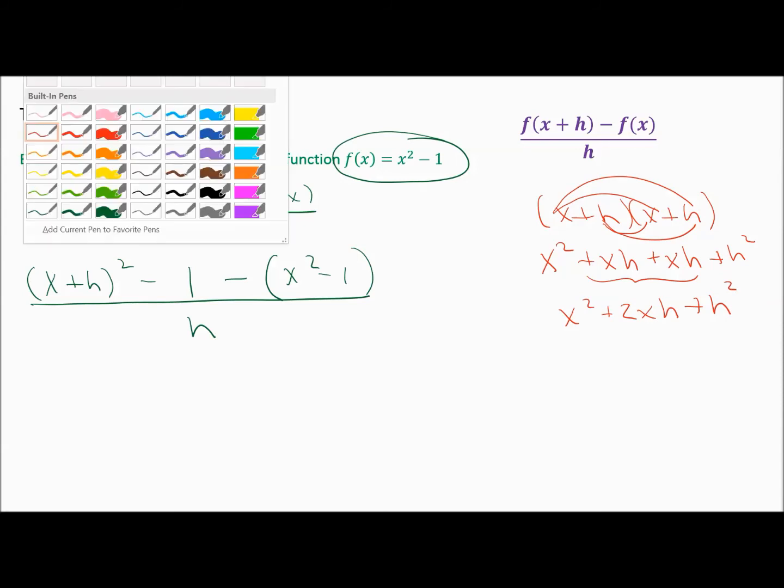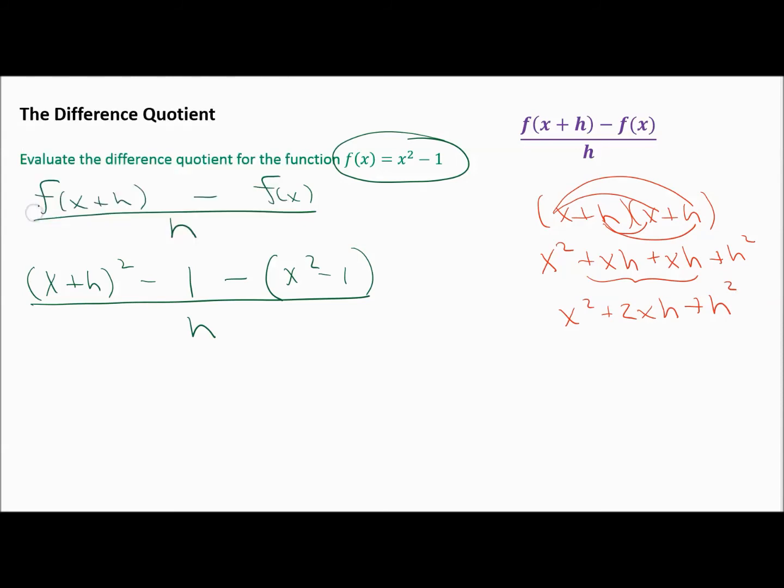So when I write that in my problem, already simplified, this first expression is x squared plus 2xh plus h squared. Minus 1, and then distribute the minus sign, minus x squared plus 1, all divided by h. Then x squared and minus x squared cancel out.